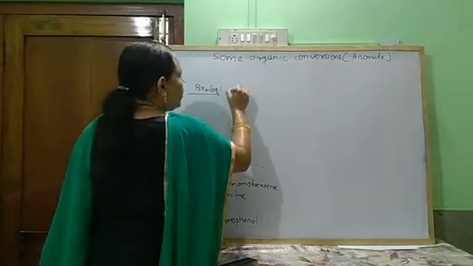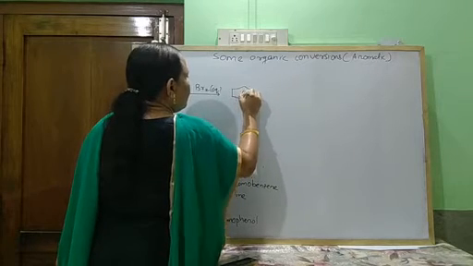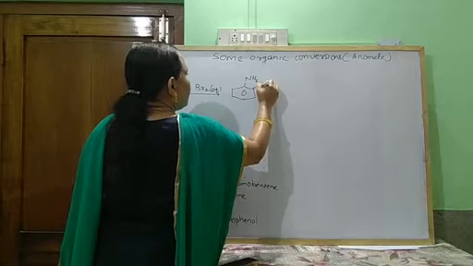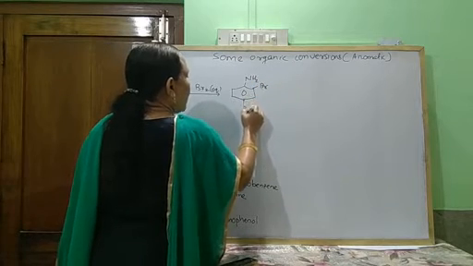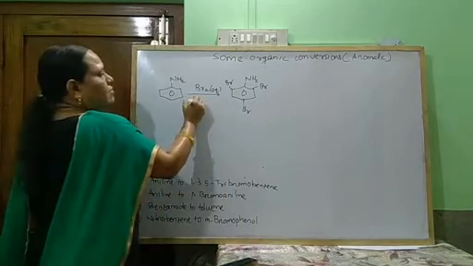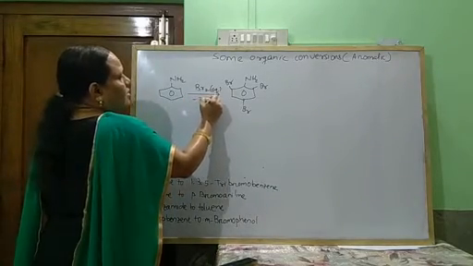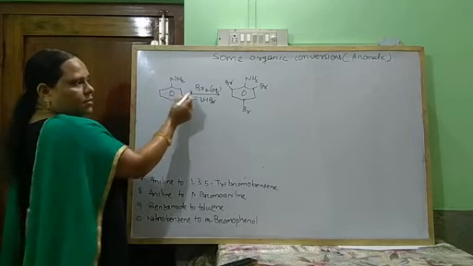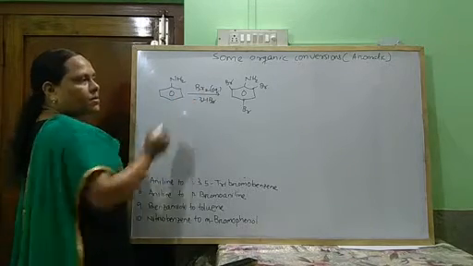But here, aniline reacts with bromine water. It forms 2,4,6-tribromoaniline. Remember, this is aqueous bromine water.